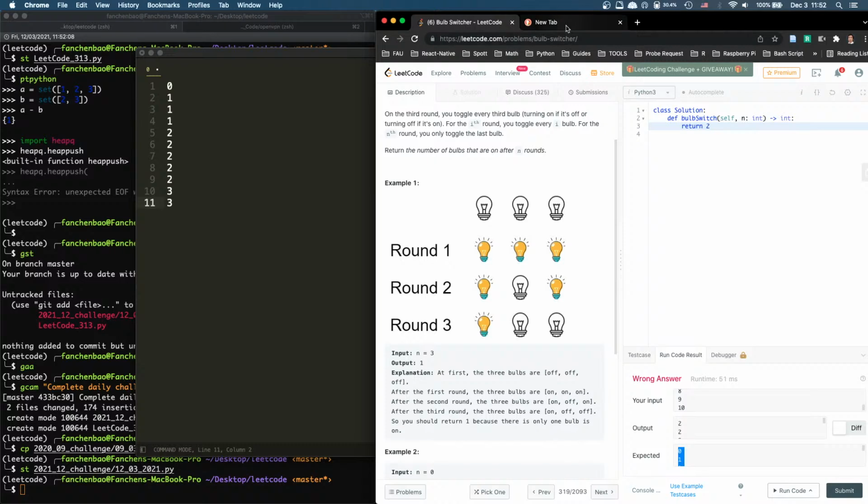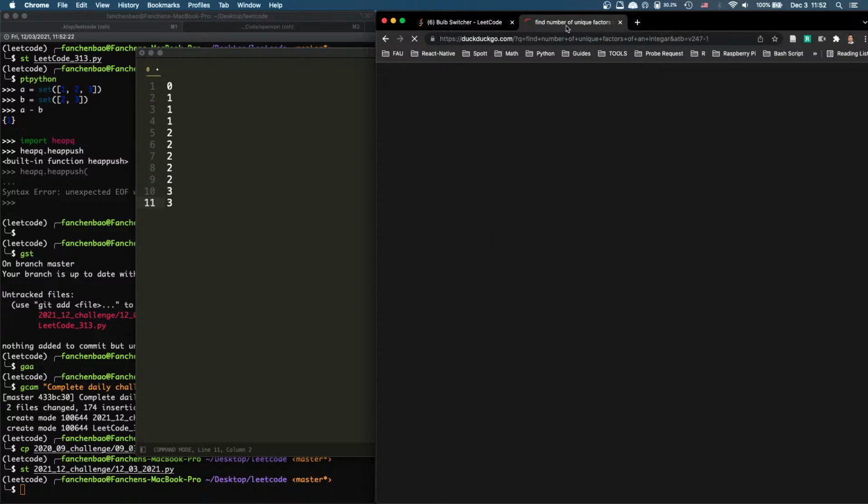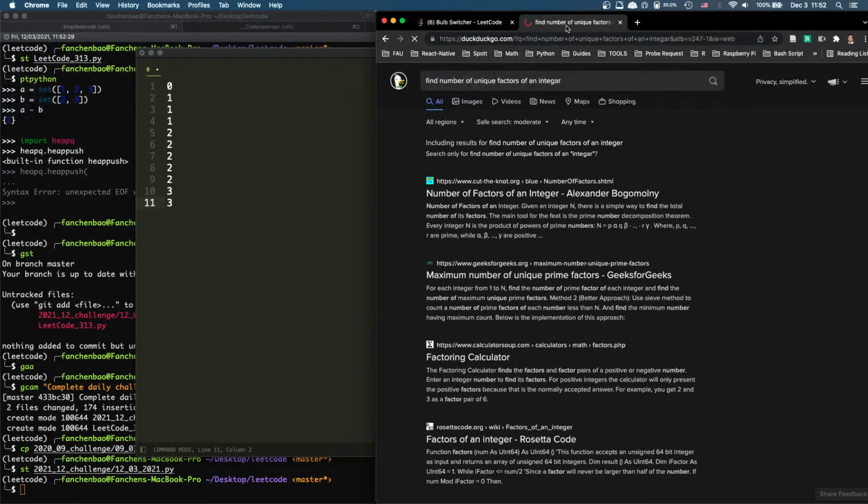I still can find unique factors. Number of unique factors of an integer. I think there's some Euler's formula for this. Number of factors. It's the number of total factors.